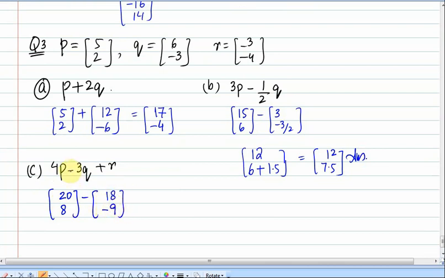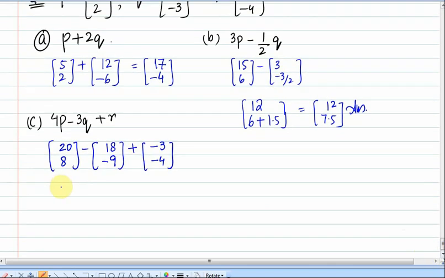Never ever take the negative sign inside the vector. It will increase the chance of error, so try to avoid it. Plus R is (-3, -4). Now you can add them easily.